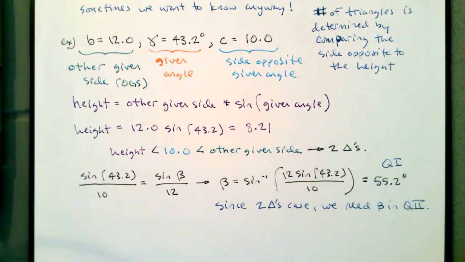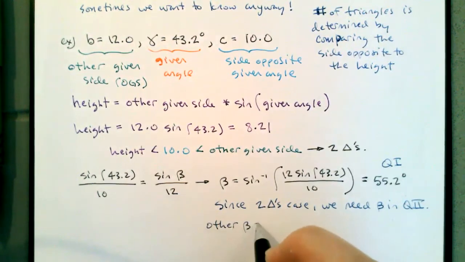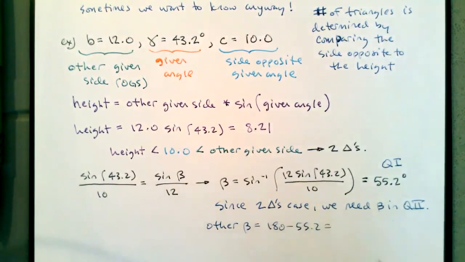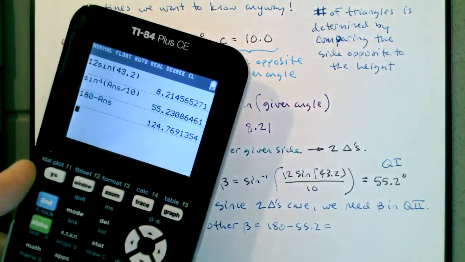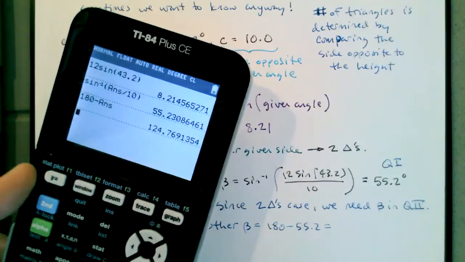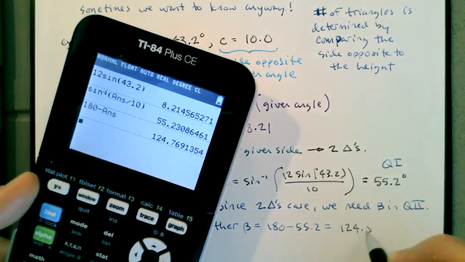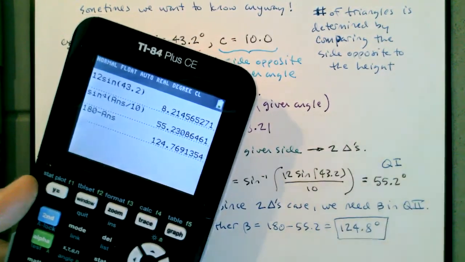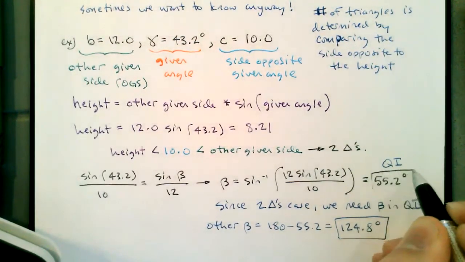So a 55.2 degree reference angle in quadrant 2, our other beta is 180 minus 55.2, 124.8. So we got two values for beta, one in quadrant 1 and the other one in quadrant 2.